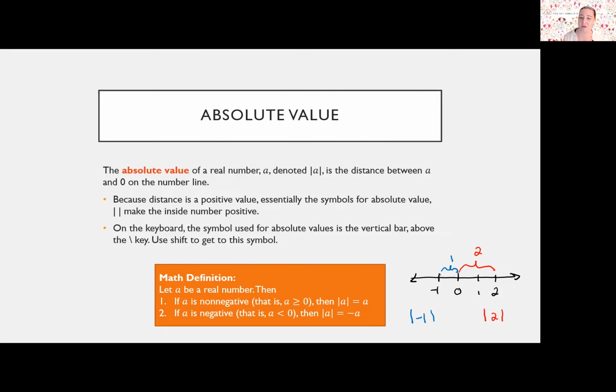The math definition is important when you get to college algebra, if you have to go on and take that class, because you are solving equations involving absolute values, and they use specifically that math definition versus the everyday definition that we have. So the key, that everything that you need to know for this class is what's inside the absolute value gets positive.